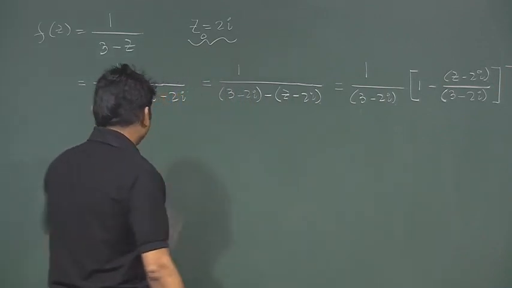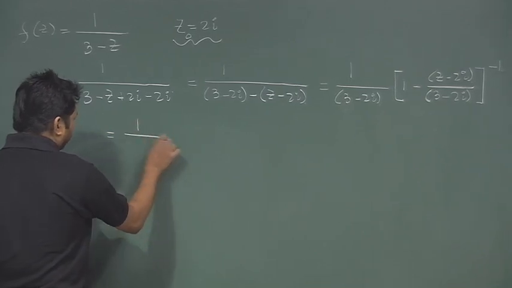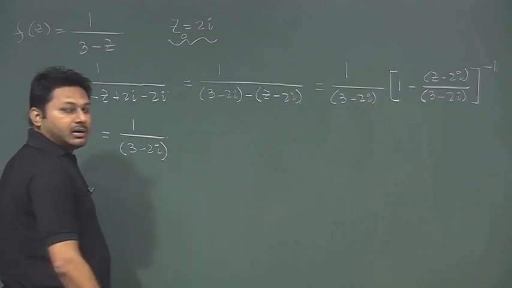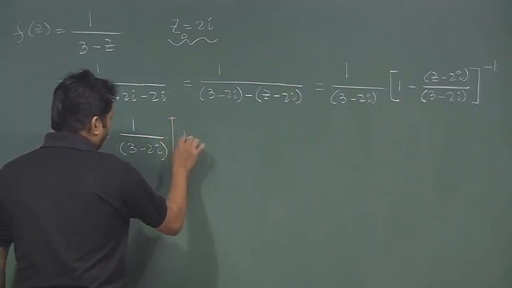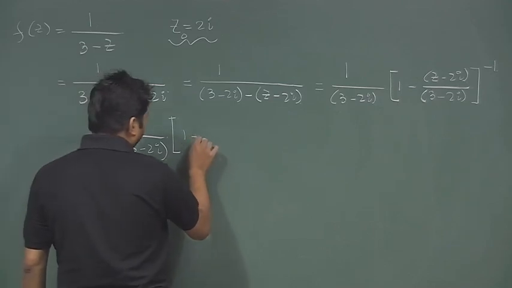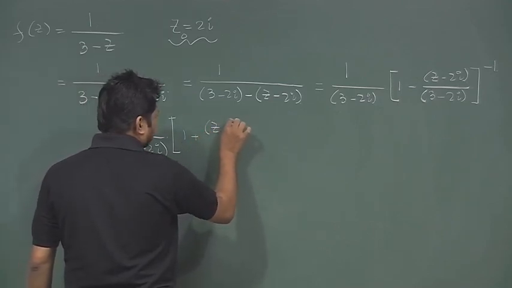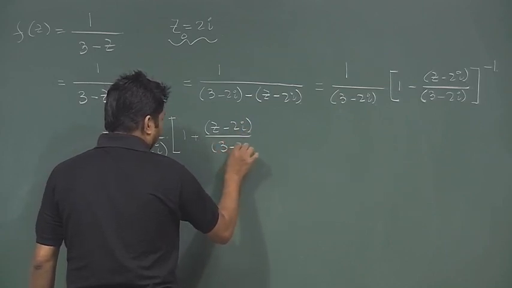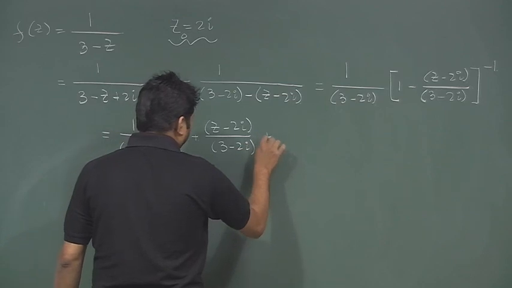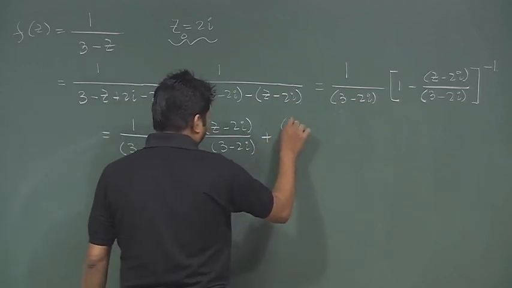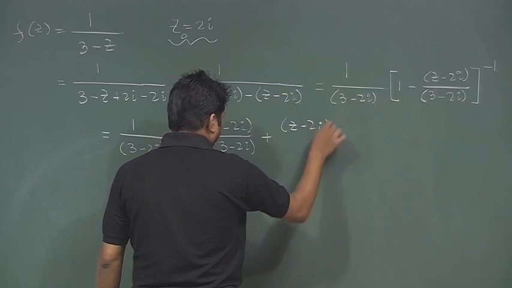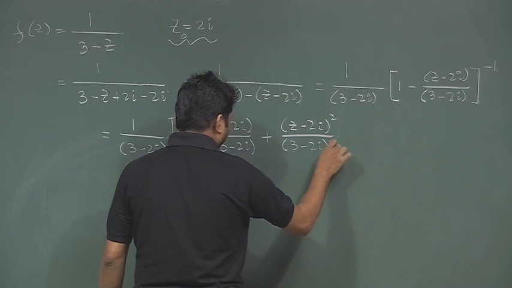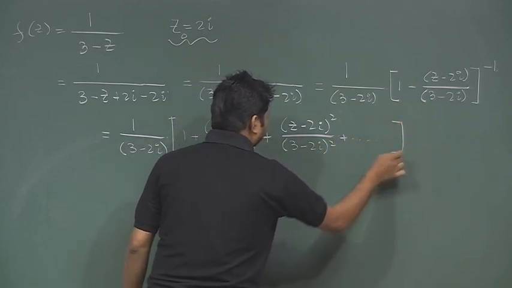Now if I expand this, 1 by (3 minus 2i) times 1 plus (z minus 2i) divided by (3 minus 2i) plus (z minus 2i) squared divided by (3 minus 2i) squared, and so on.